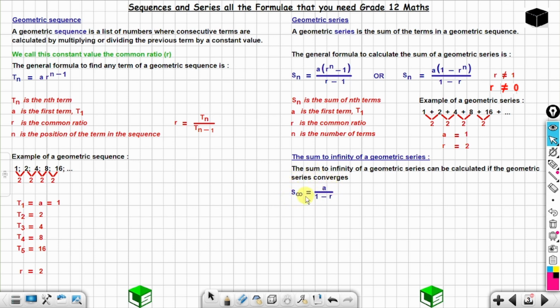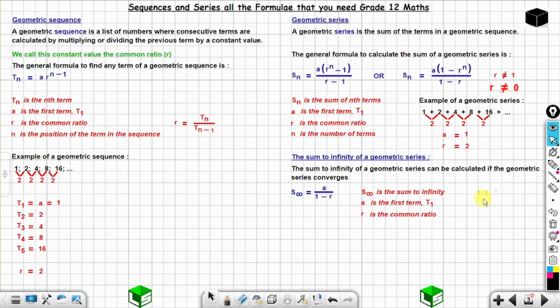You have the infinity symbol, and then the first term over 1 minus the common ratio. We are going to see that. So, S infinity stands for the sum to infinity, A is always the first term, T1, and R is the common ratio.